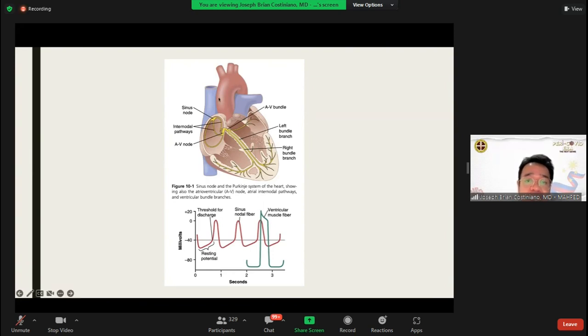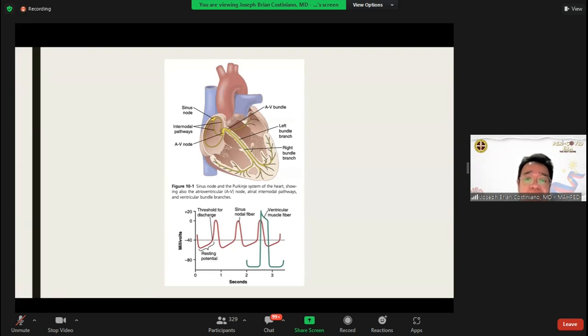From the sinus node, the electrical activity will travel through your internodal pathways, going to your AV node. And from your AV node, it will go to your bundle of His, towards your left and right bundle branches. Also take note that you have your interatrial pathway that conducts the discharges from the right atrium into the left atrium.